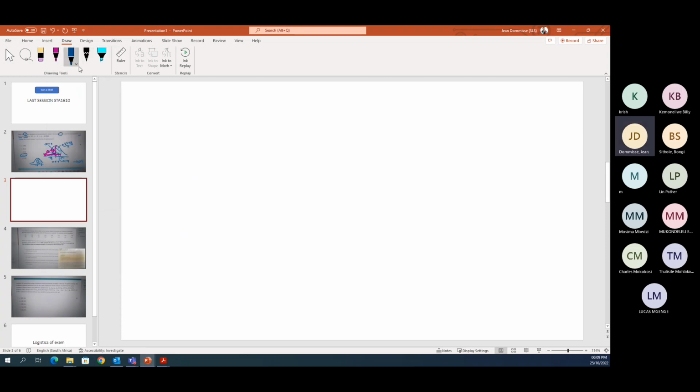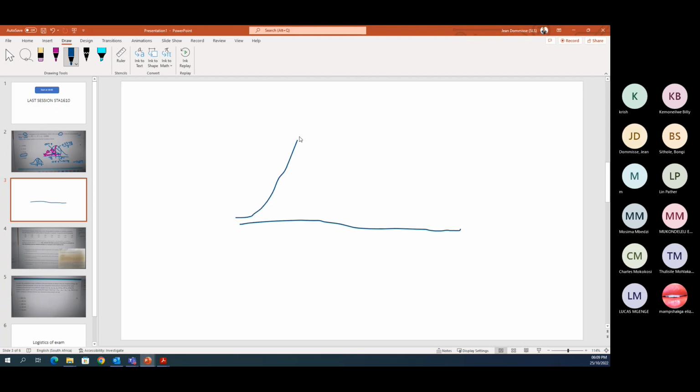So we need to remember that because we're working with a normal distribution, we're working with symmetry. So normal distribution where the Z is equal to 0, that will be in the middle. This side is 0.5 and this side is 0.5.